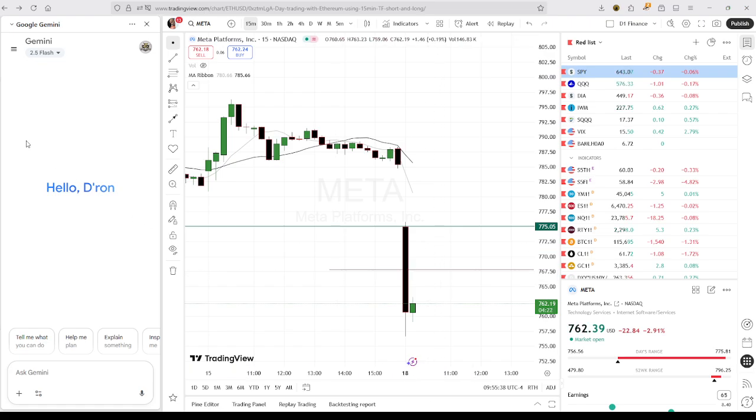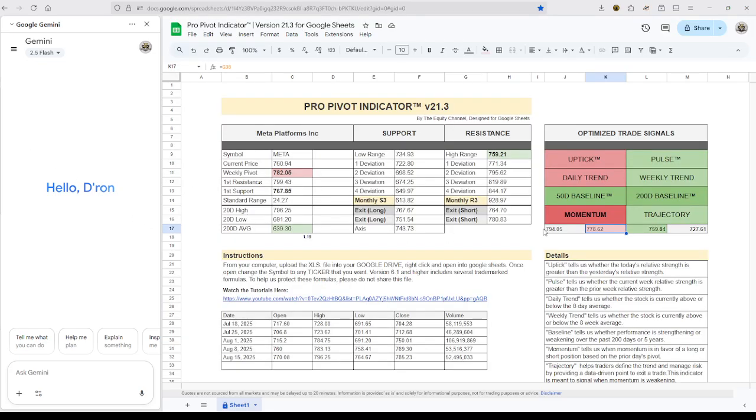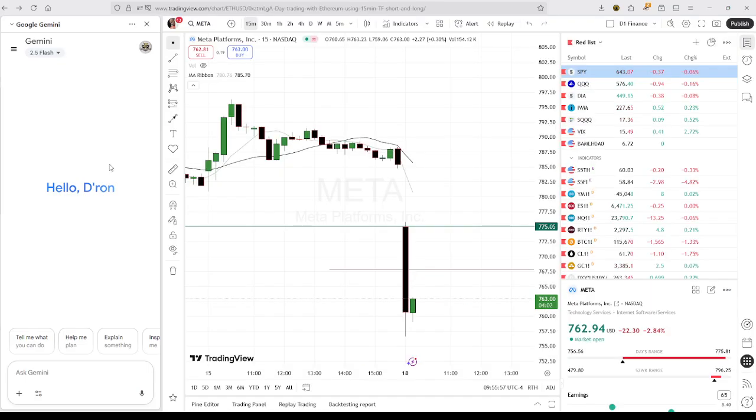So we look towards whatever the first point of resistance is actually going to be, and it's going to be in this area here, this exit short area and this first support. So 764.70. Let's go back here.